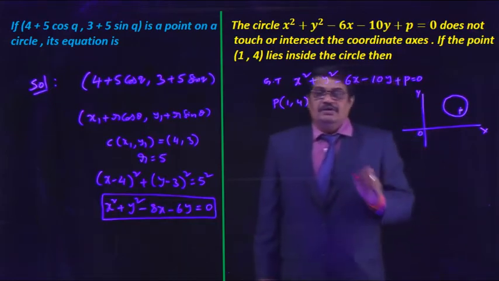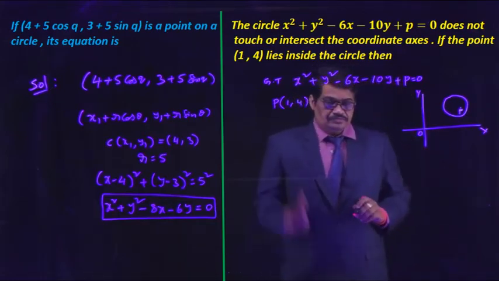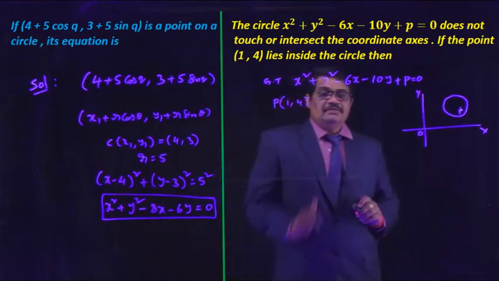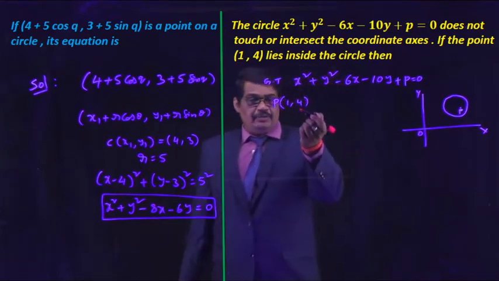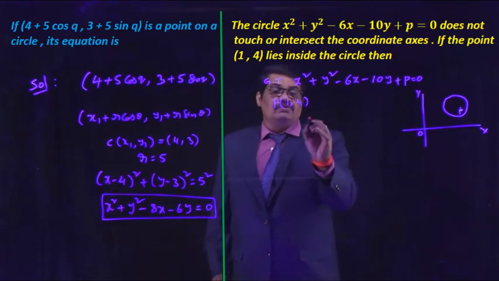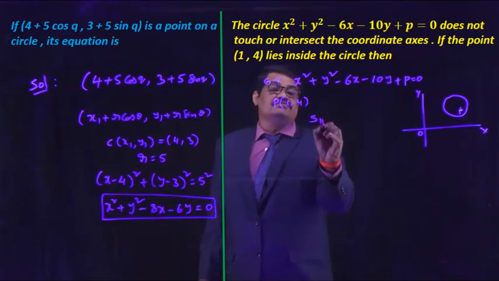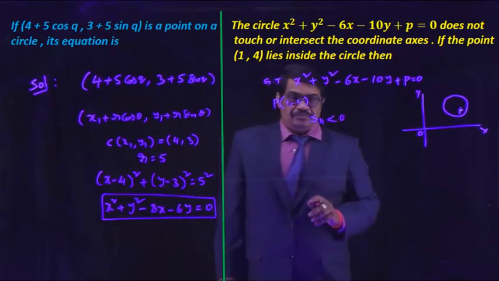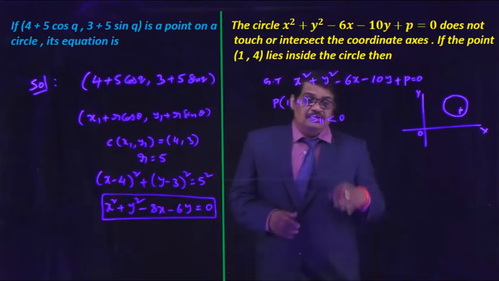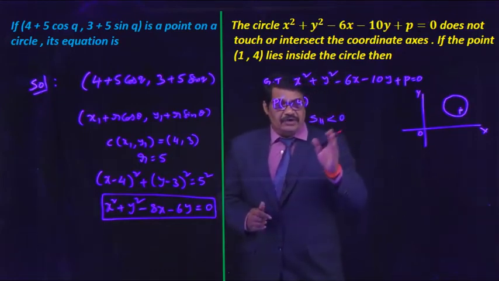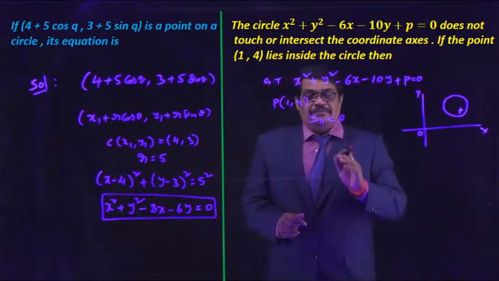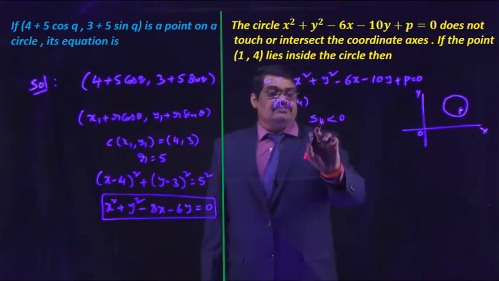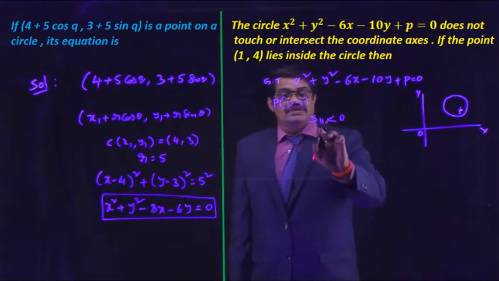So here the point 1, 4 is inside the circle. If any point is inside the circle, then what is the condition? That is S11 less than 0. Now what is S11?